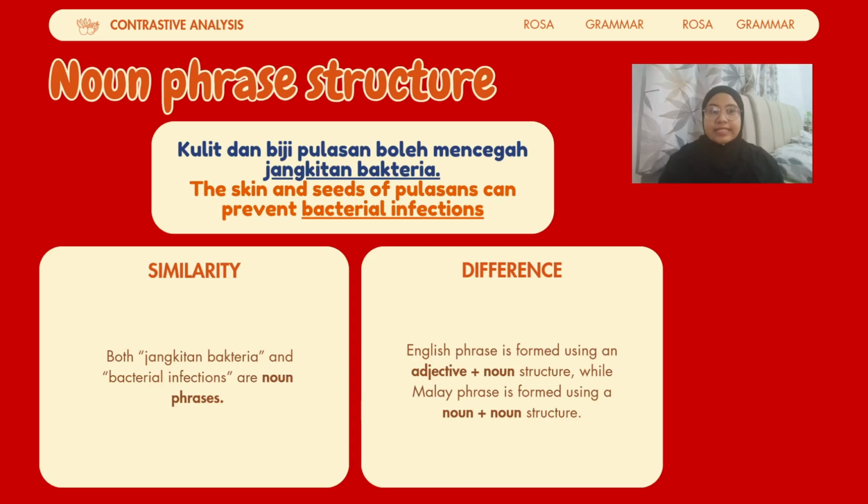Unlike English, Malay does not change the noun into an adjective form but instead uses another noun to provide additional meaning. So this comparison shows that although both languages express the same idea, they differ in how they organize information within noun phrases. English tends to use modifiers before the noun, while Malay often places the specifying noun after the head noun.